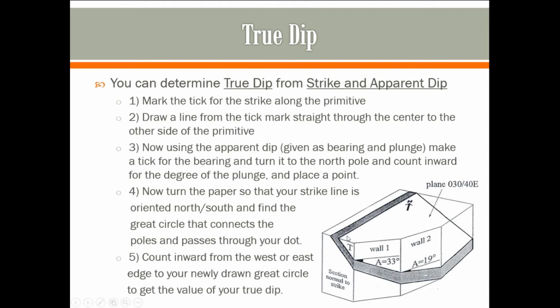So like in this block diagram, on this side, right where the letter T is, you can see the real dip of the bed. It looks like 45 degrees. If we have a road cut where wall 1 is, it looks like the bed is dipping at 33 degrees. And if we have it where wall 2 is, it looks like it's dipping 19 degrees.